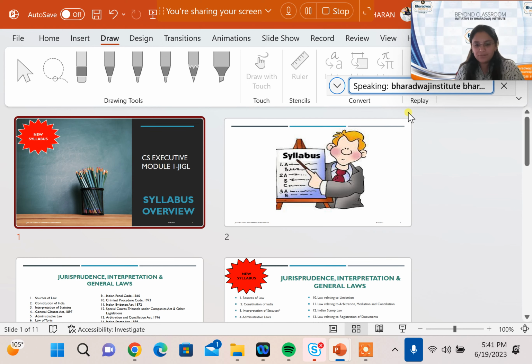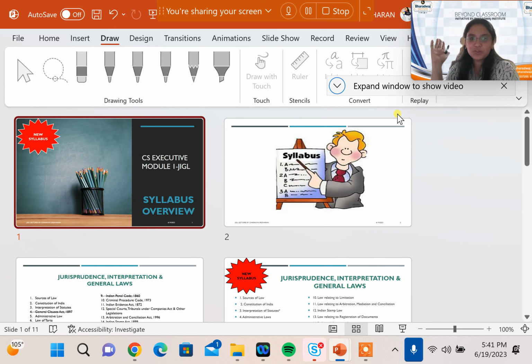Let's now begin with the session. I hope you all got the Bharadwaj Institute's notebook. It's a ruled notebook, right? We are going to make complete use of that notebook.